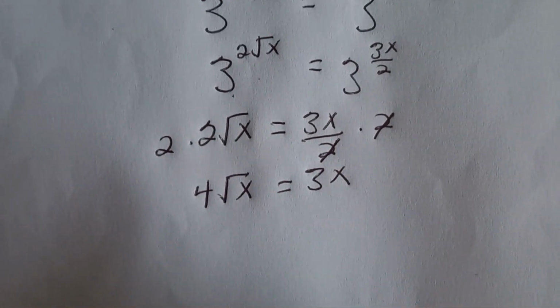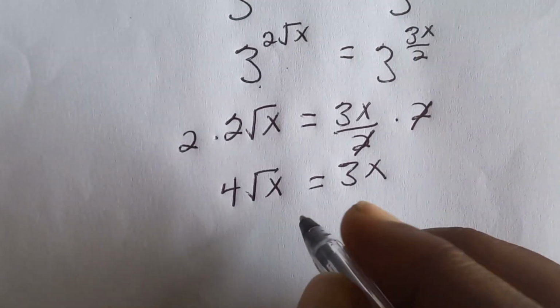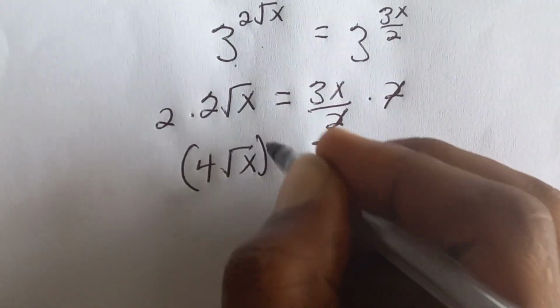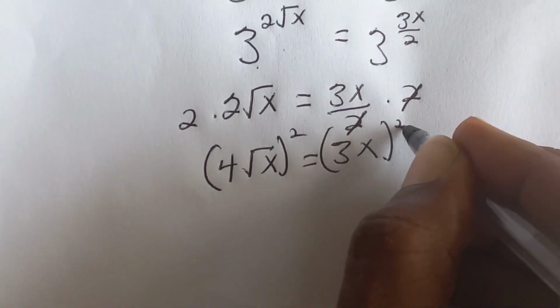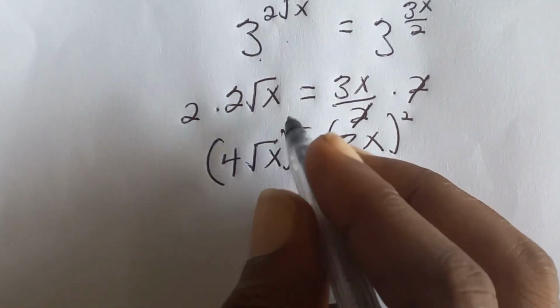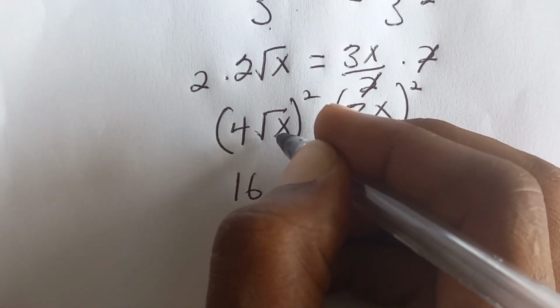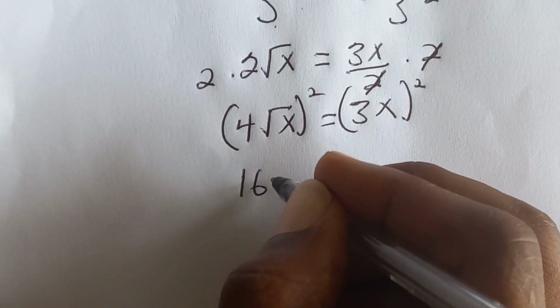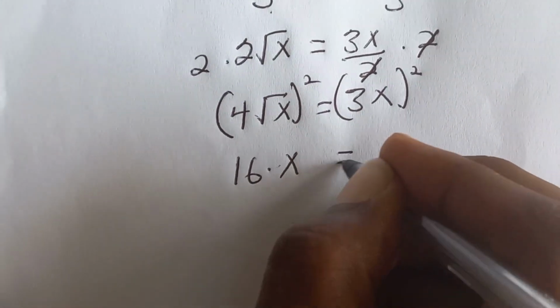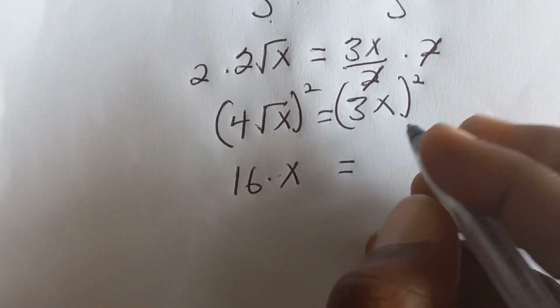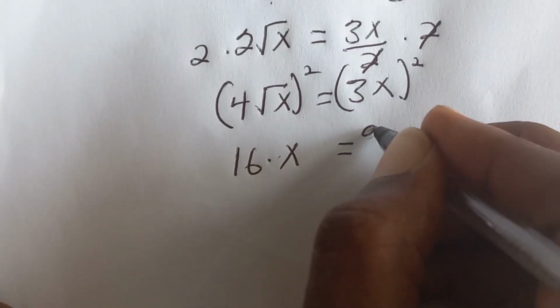Okay, so from here, we can also square both sides again. So 4 squared is 16. Okay, then root x squared is x. Squared by x, which is equal to this one to give us 3 squared, which is 9.